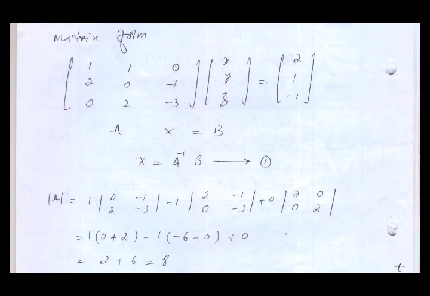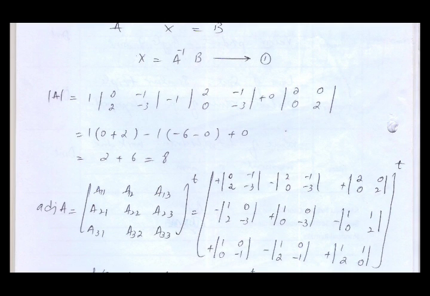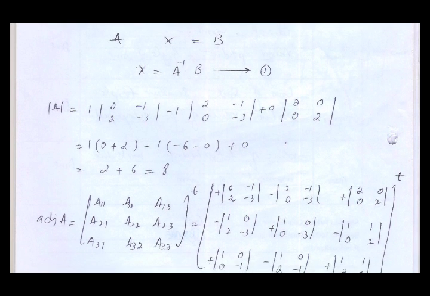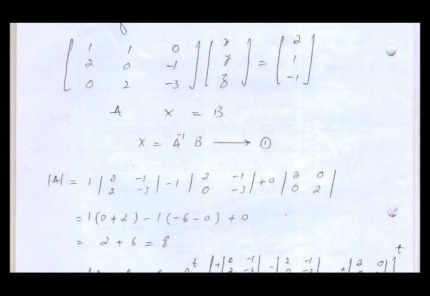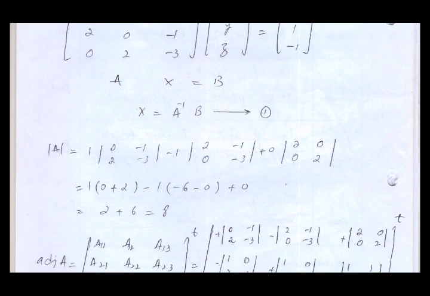First we find the determinant of A, then the cofactors of matrix A. The cofactors are A11, A12, A13, A21, A22, A23, A31, A32 and A33. For A11 we drop the first row and first column, and the remaining values in the determinant are 0, minus 1 and 2, minus 3.